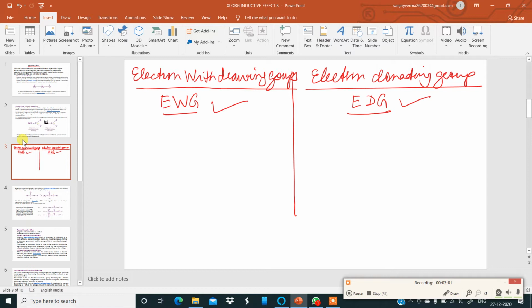Something which gives electrons is donating, and something which takes away or pulls electrons comes under electron withdrawing group. Examples are more important here.